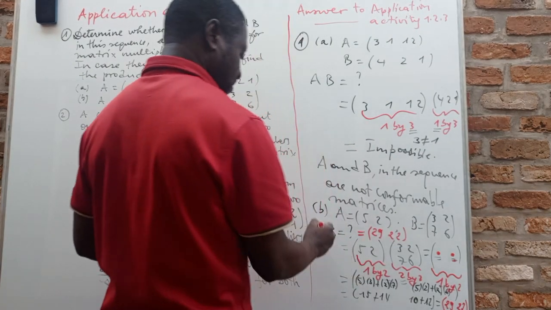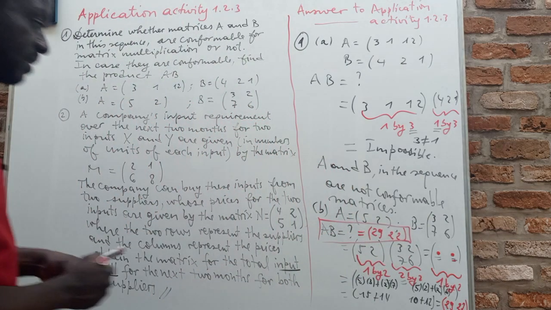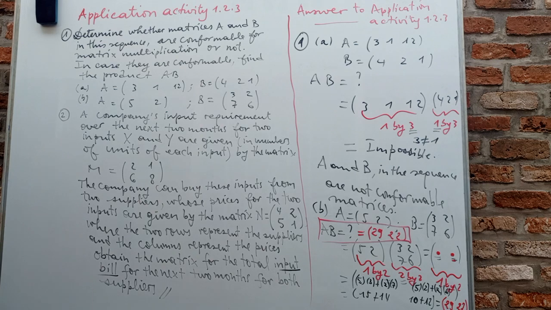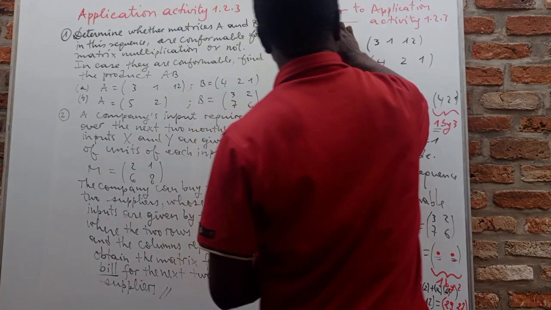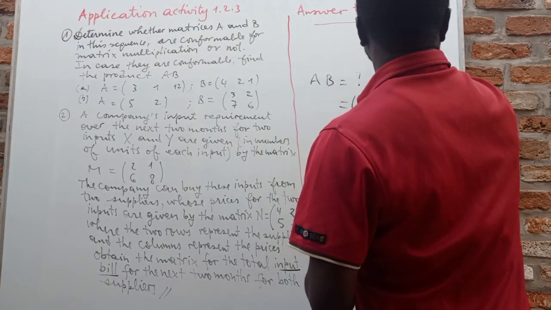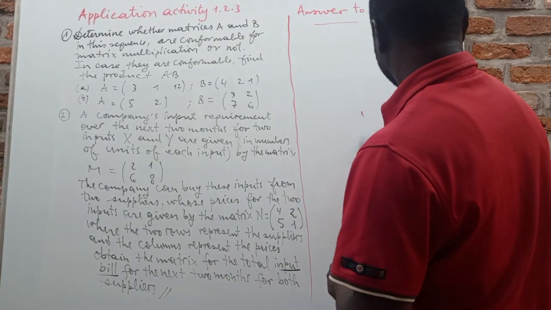In this case, this is the product of A and B. Okay, now let us think about how we can answer the second question. Let us find space here to answer question 2.